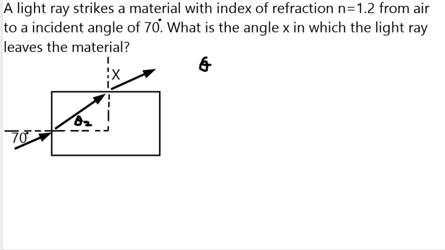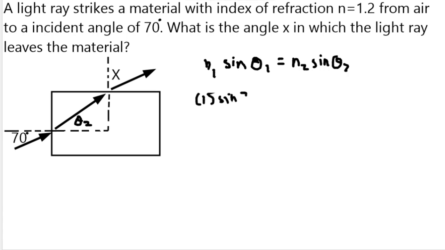There's a light ray that hits this material, and its incident angle is 70 degrees. So first, we're going to calculate theta 2, which is the angle of the refracted ray. To do that, we're going to use Snell's law once again. So n sub 1, this is still in the medium of air.